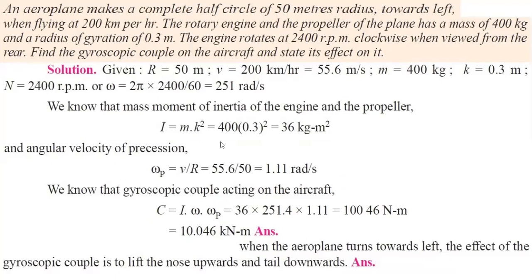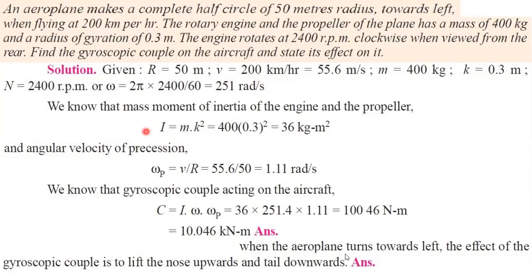So finally, we know the aeroplane turns towards the left. You need to note the viewpoint, which direction the propeller rotates. So clockwise direction, viewed from the rear end. Rear end is the viewing point, and note in which direction the flight turns.